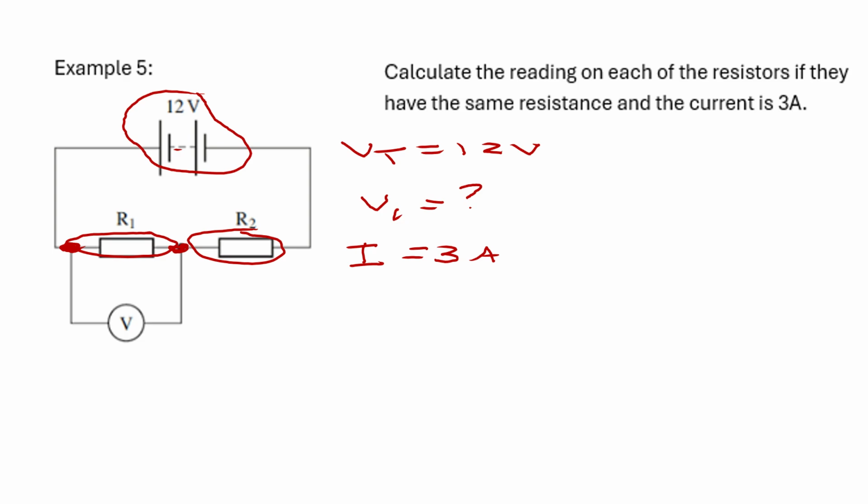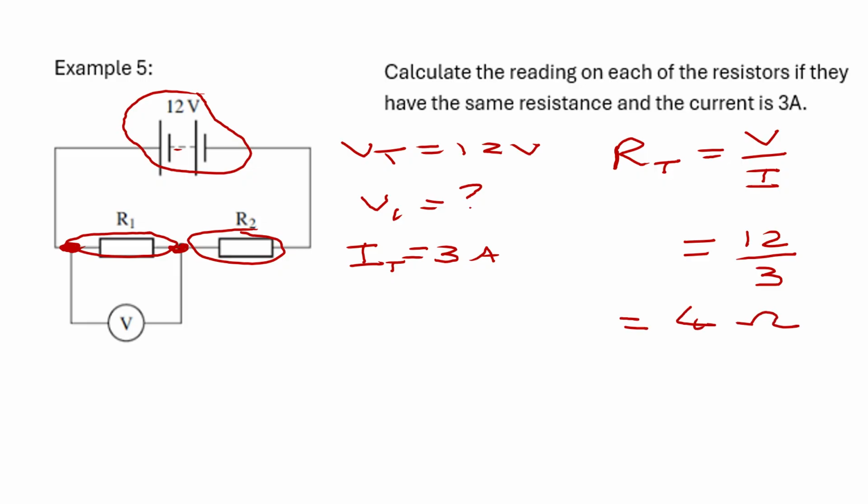We have V total and we have I total, which means I can find R total. R total is equal to V over I total. So we've got the 12 and we divide it by 3. 12 divided by 3 is going to give me my 4 ohms. But that's not what the question asked. The question asked us to calculate the reading on each resistor.